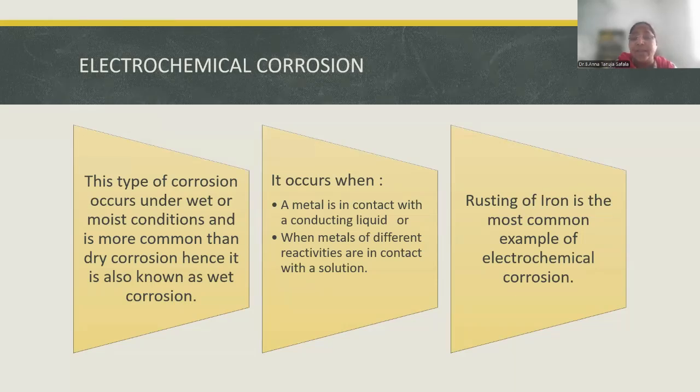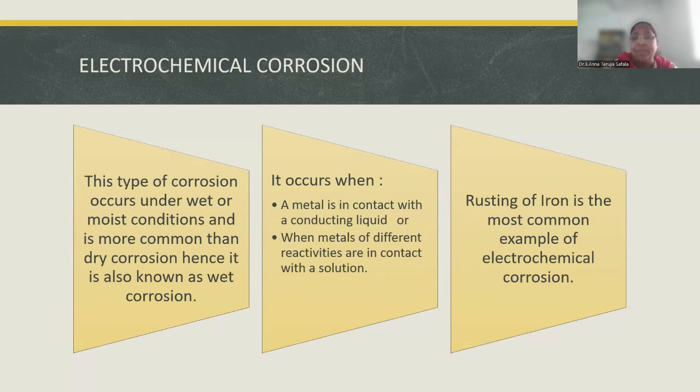Okay. Then when can it occur? What is the reason for the formation of electrochemical corrosion? When a metal is in contact with a conducting liquid, or when a metal is exposed to different reactive conditions, this type of electrochemical corrosion can occur.